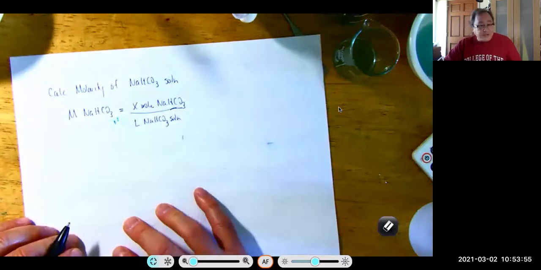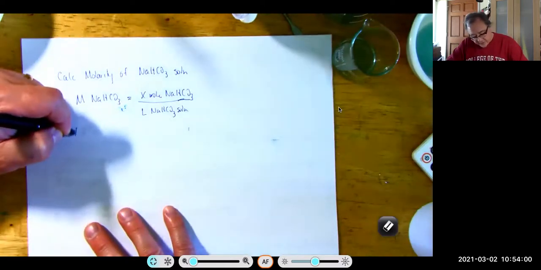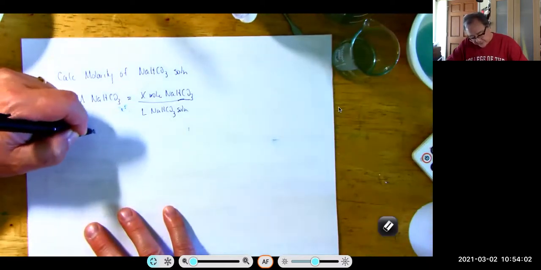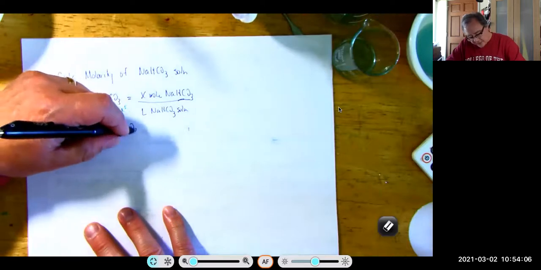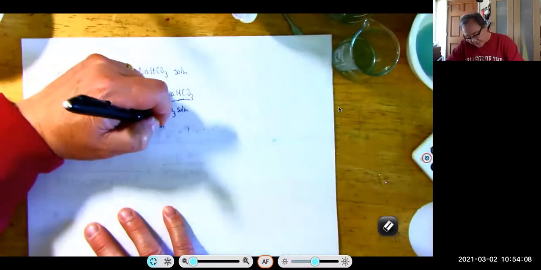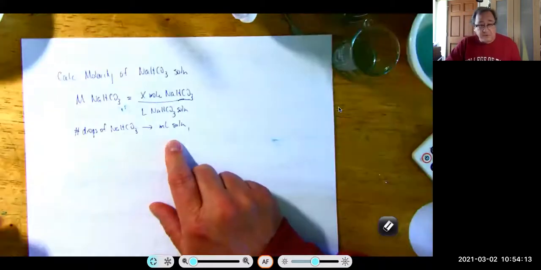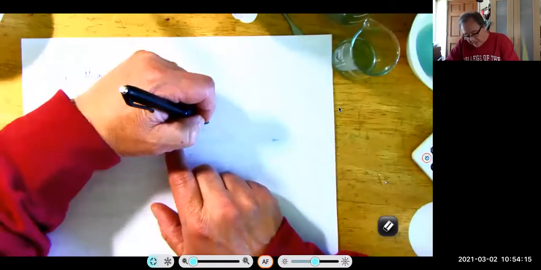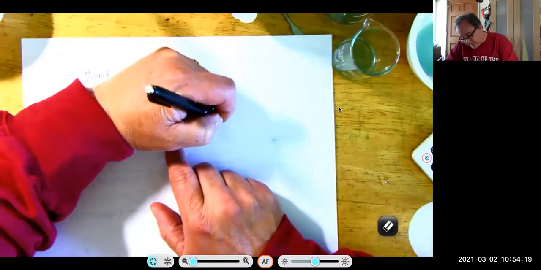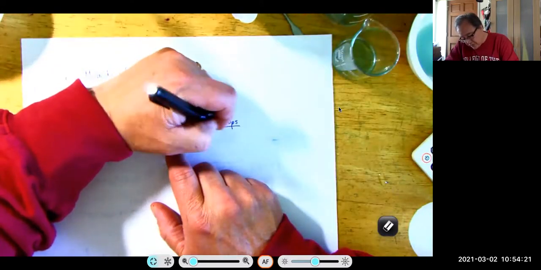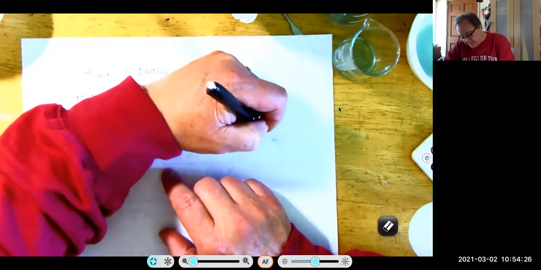Okay, so what you're going to do is take the number of drops of sodium bicarbonate, and you're going to turn that into milliliters of solution. You're going to do this because you're going to have calibrated your pipette so you know the number of drops per milliliter, or the milliliters per 1 drop.